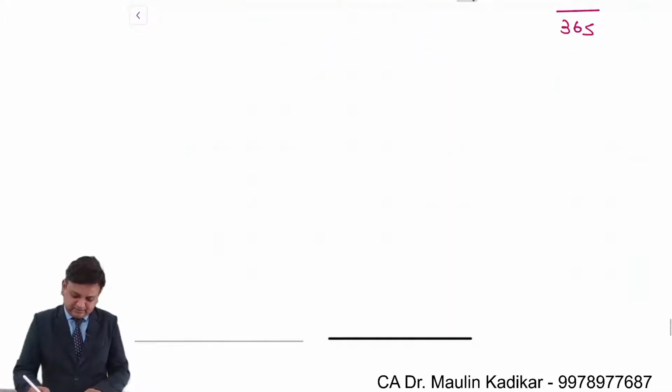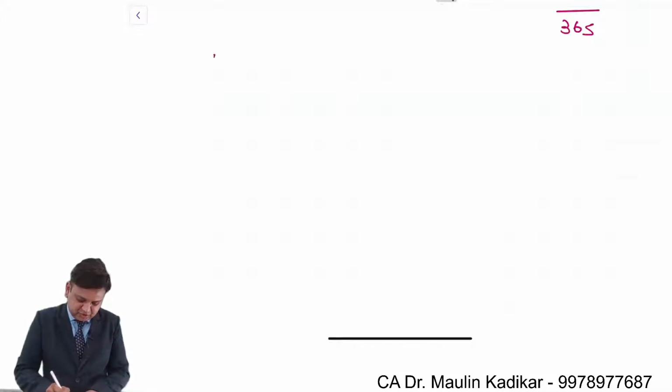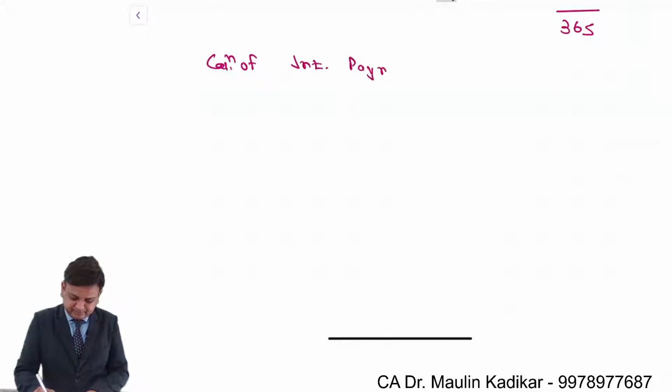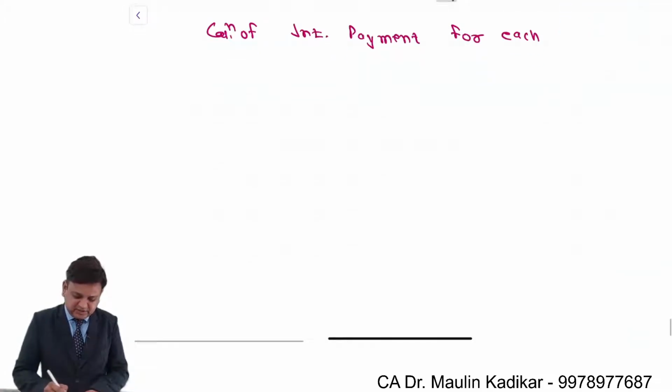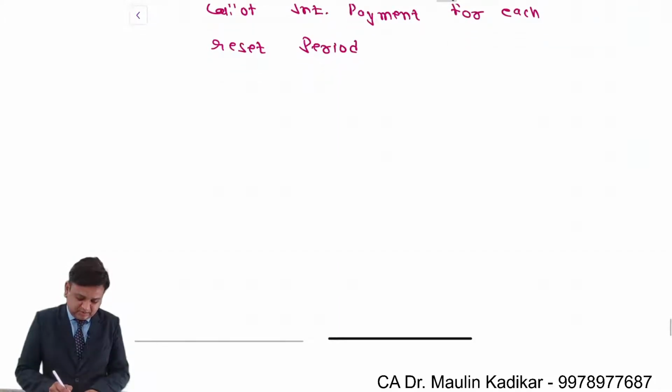Write heading: calculation of interest payment for each reset period. Column number 1 is date.